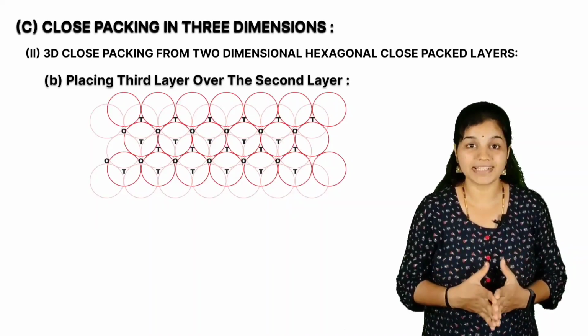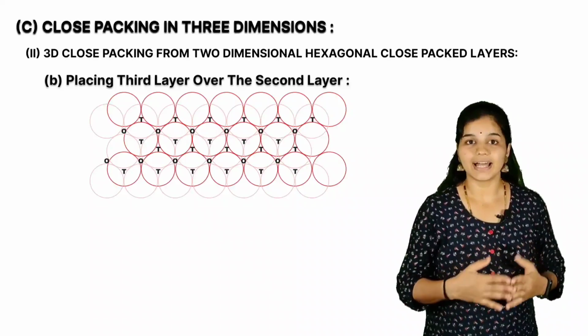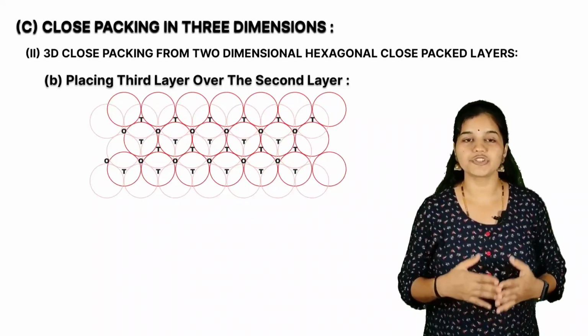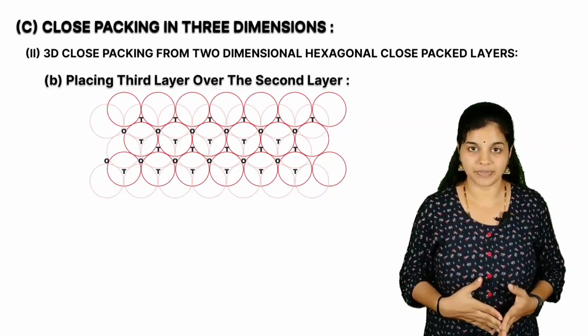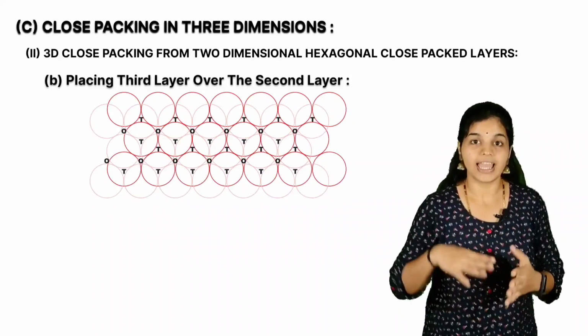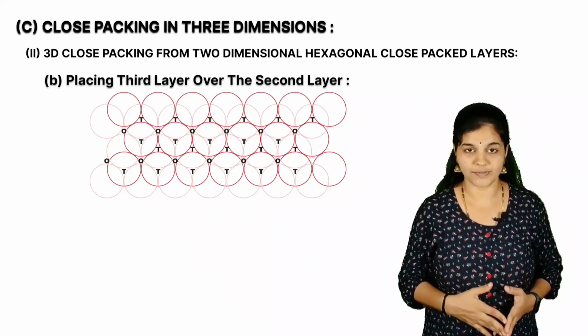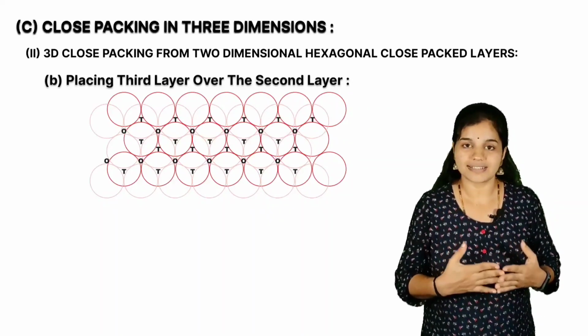How can we place a third layer over the second layer now? There are two possibilities by which we can place a third layer. One way is by covering the tetrahedral voids, and the second method is by covering the octahedral voids. How can we cover tetrahedral voids?